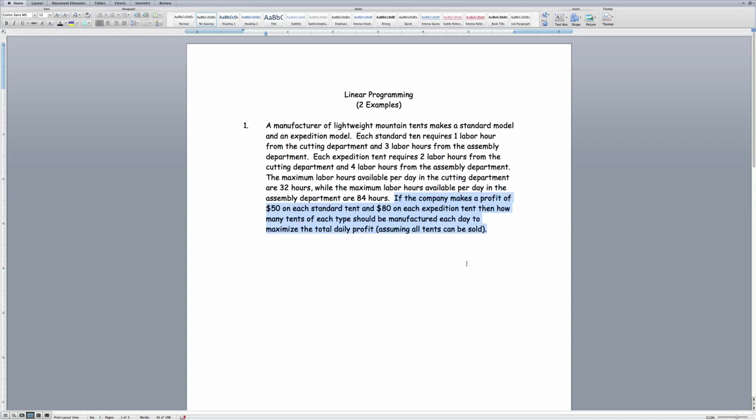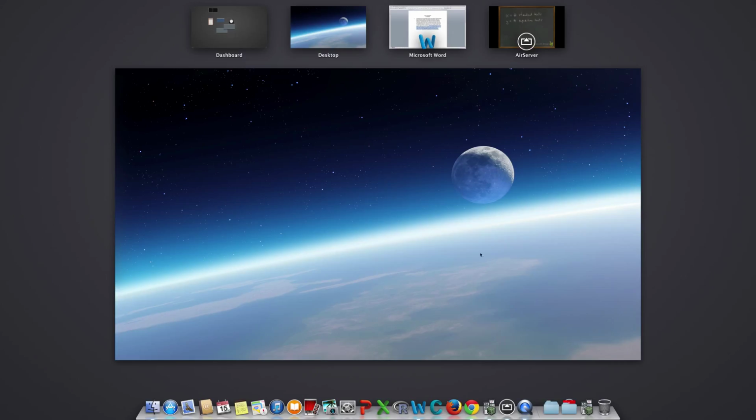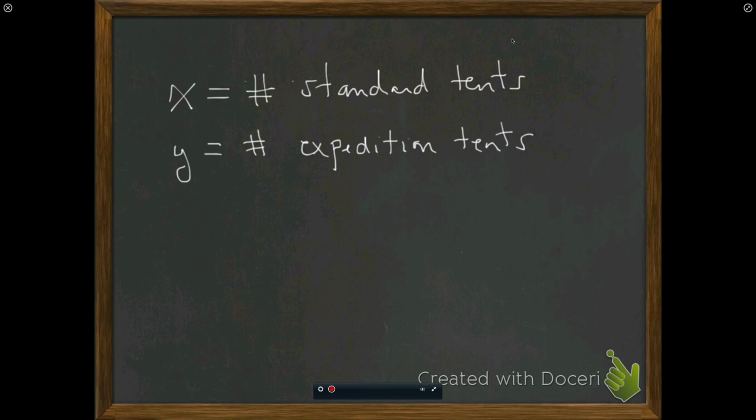So the first thing I'm going to do is set X to be the number of standard tents, and I'm going to set Y to be equal to the number of expedition tents. Okay, so let me show you what I'm doing over here. I just set this up, okay?